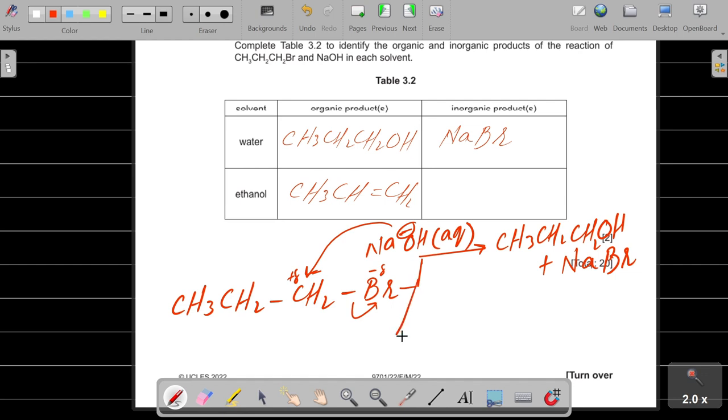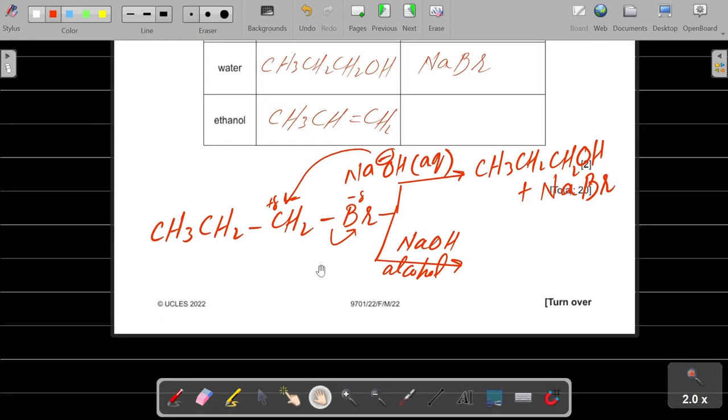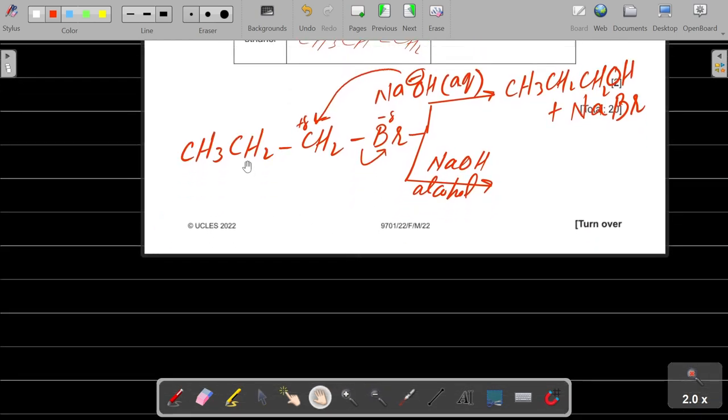The other side of the reaction is if you're using this NaOH, a base, but now the condition is alcoholic. In alcoholic condition, the reaction will follow elimination reaction. So what is actually an elimination reaction? I'm writing it here: CH3, CH2, CH2 attached with the Br.